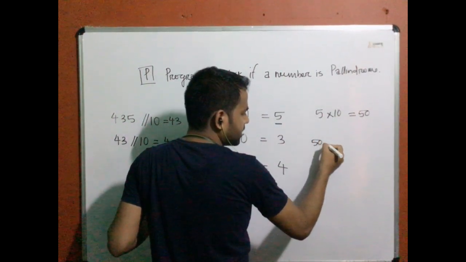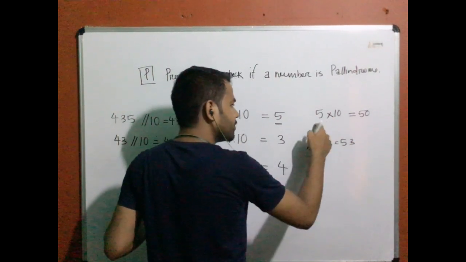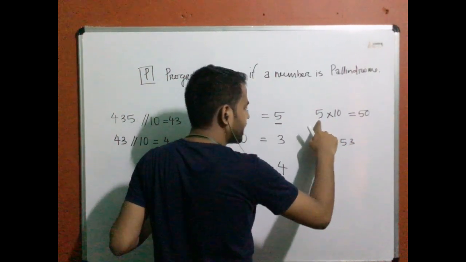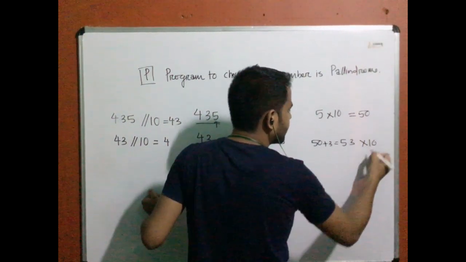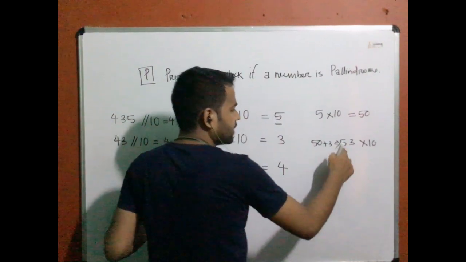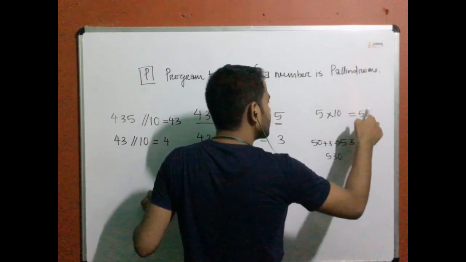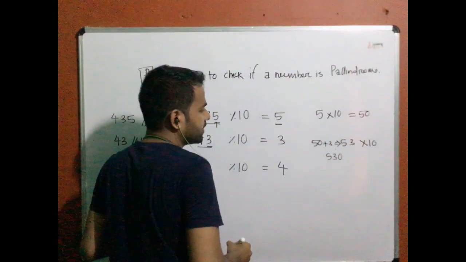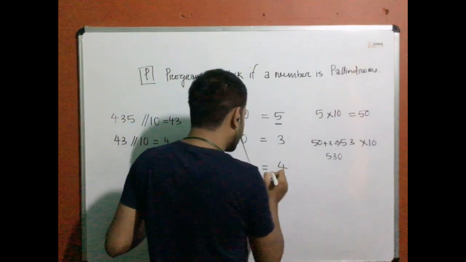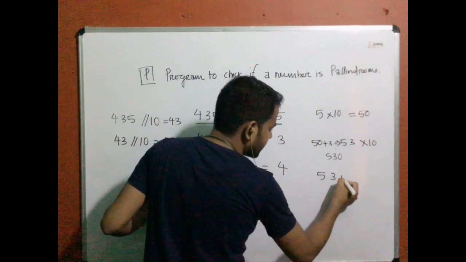So 50 plus 3 becomes 53. The same thing I'm going to perform again. Before it was 5, we multiplied by 10, now it is 53. We multiply 53 by 10, so I'll get 530. So from there we brought 50, and from this operation we made 530. Again I'm going to add the next digit, so that will become 534.